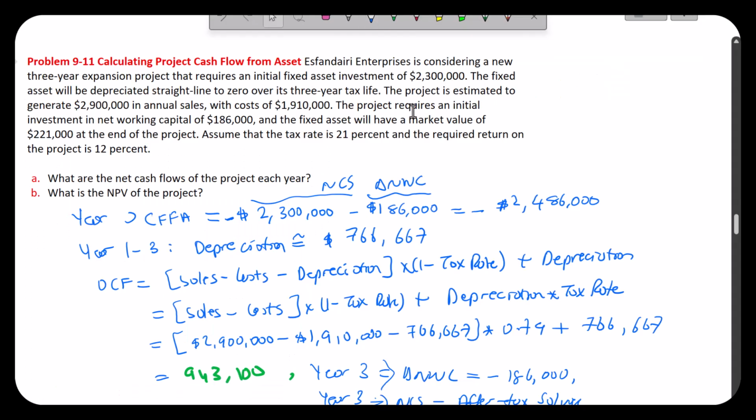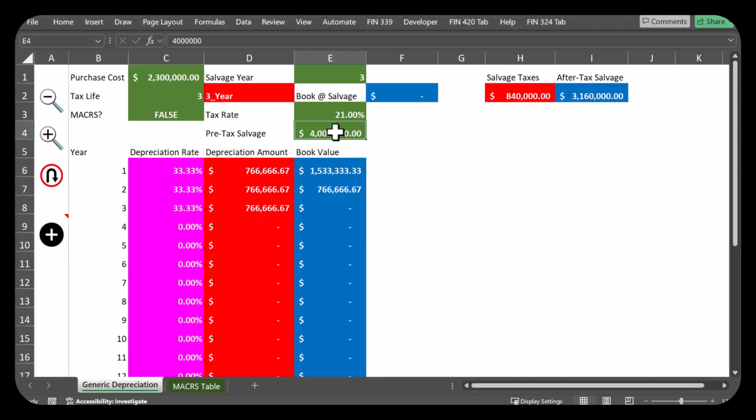And let's remember the salvage amount, 221,000. In this problem, everything is depreciated to 0 in 3 years, so book value at the time of the salvage is 0. Hence, all pre-tax salvage is taxable, and after-tax salvage is 174,590.